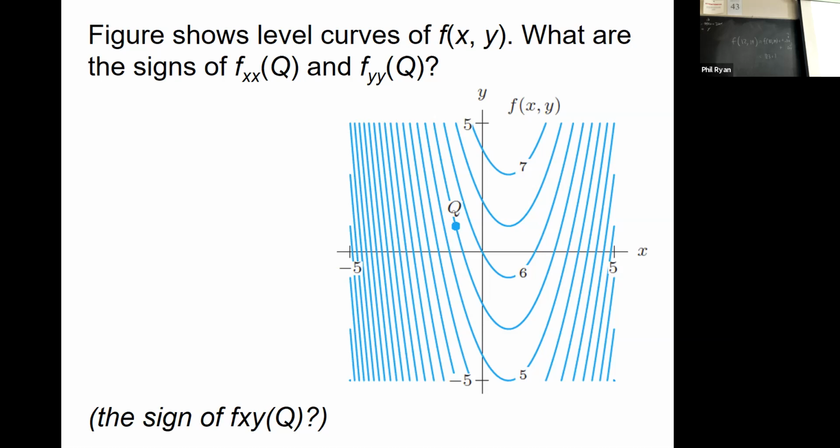We know the first derivative is positive, the second derivative is negative. Going in this direction, again, the derivative with respect to y is positive, and maybe the contours are getting further apart. If they're getting further apart, then again it's negative.